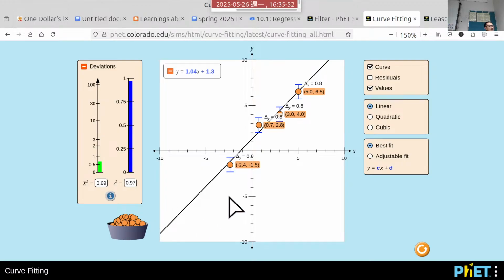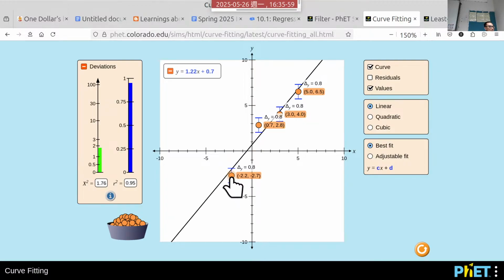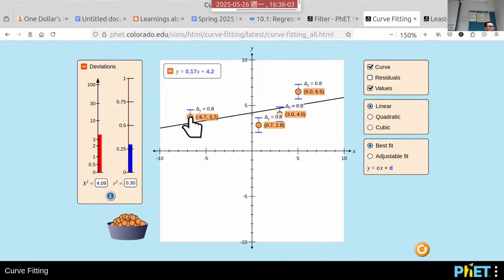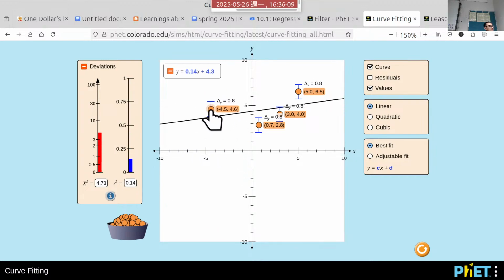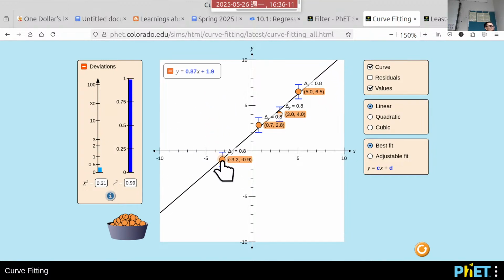And now what I can do is move those orange spots. For example, I move this one, and you will see that when I move it, there are two values.